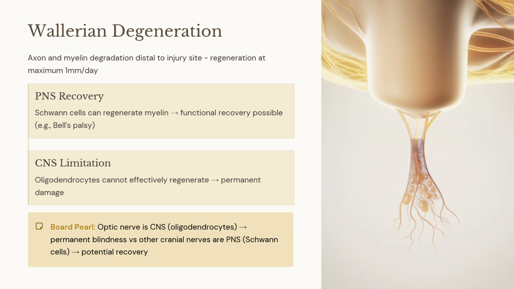What is Wallerian degeneration? The axon and the myelin degeneration distal to the injury site is known as Wallerian degeneration. Now, the regeneration will happen at a maximum of 1 millimeter per day. But the regeneration will happen only in the peripheral nervous system.